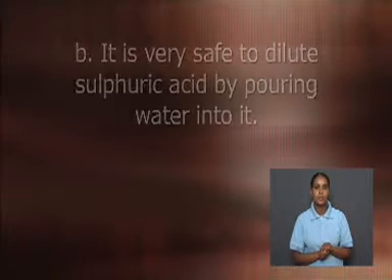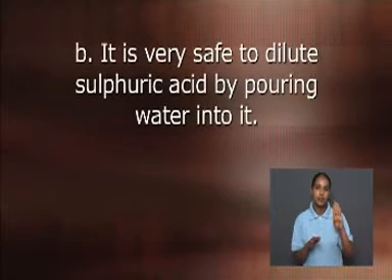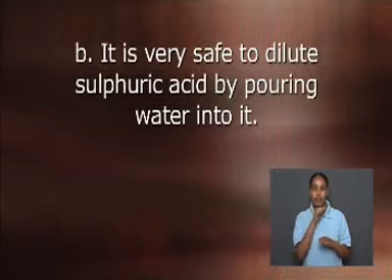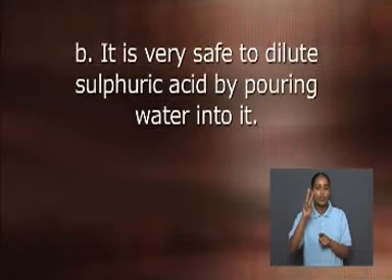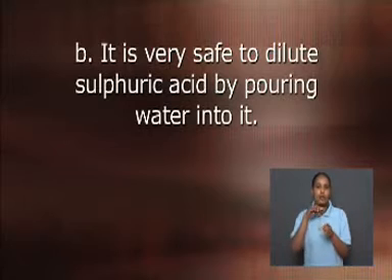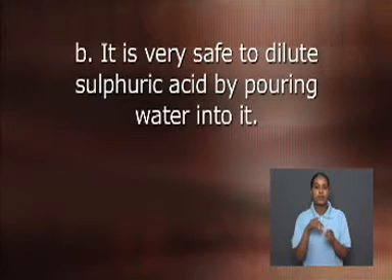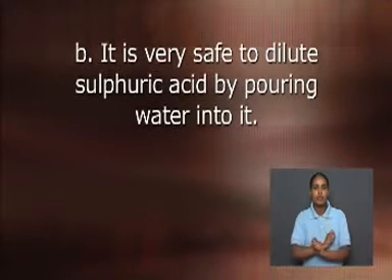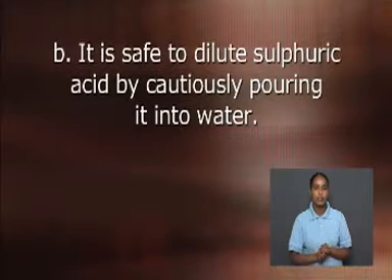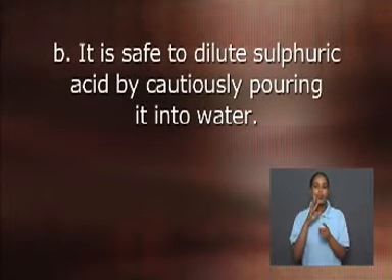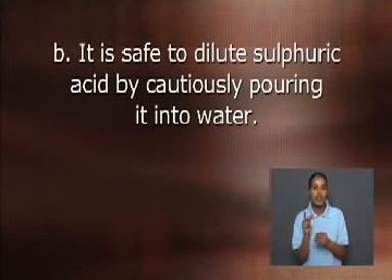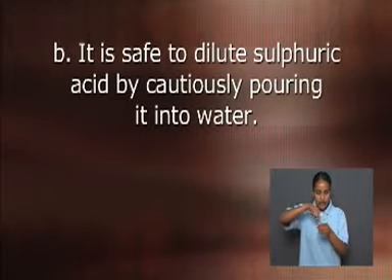Statement B is false. It is not safe to dilute sulfuric acid by pouring water into it. The water will boil and splash violently. It is much safer to add the acid to the water cautiously while continually stirring the mixture.